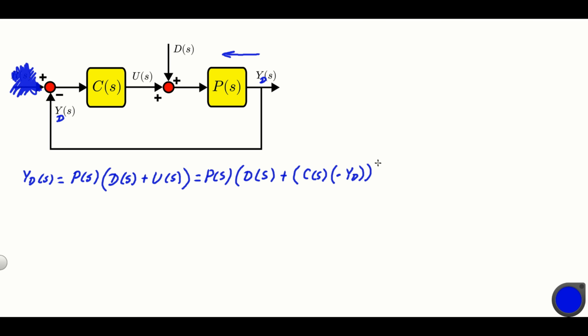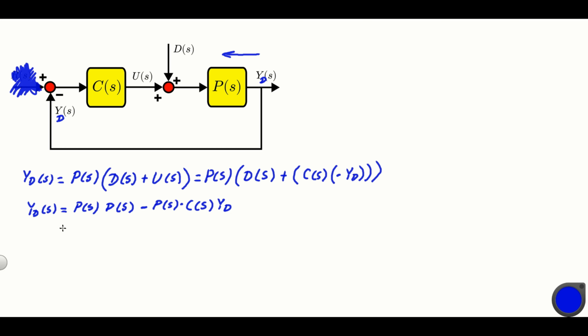Okay? So once we do that, we can proceed further. So we have that y_d of s. Let's multiply all the terms. We have p of s, d of s, and over here we have p of s, c of s, multiplying minus y_d. So we have minus p of s multiplying c of s multiplying y_d.